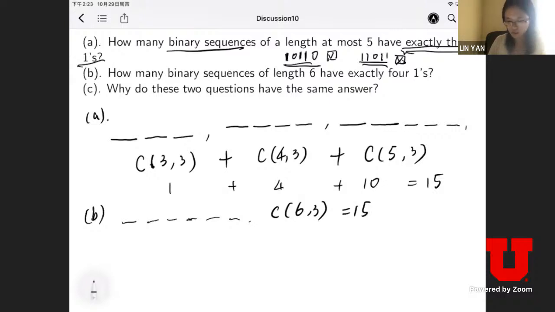And as you see, the result for problem A is equal to the result of problem B. So why do these 2 questions have the same answer?